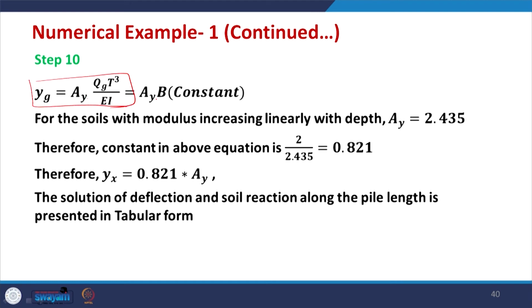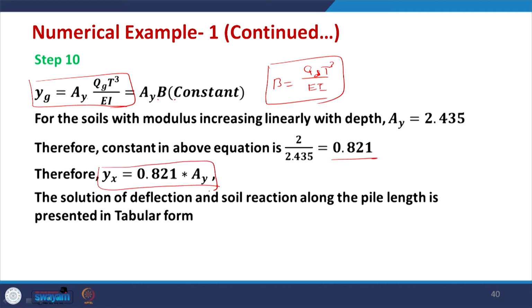This can be written as A y into B, where capital B is nothing but Q g T cube over E I. For soils with modulus increasing linearly with depth, A y equal to 2.435. Therefore the constant B in the above equation comes out to be 0.821, and once you know the value of B, we put y x equal to 0.821 into A y.